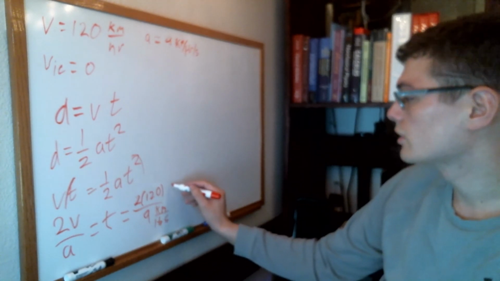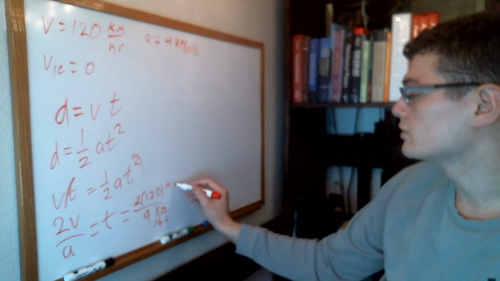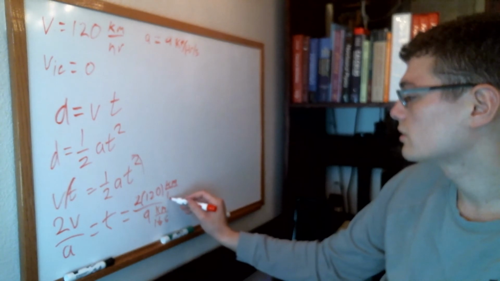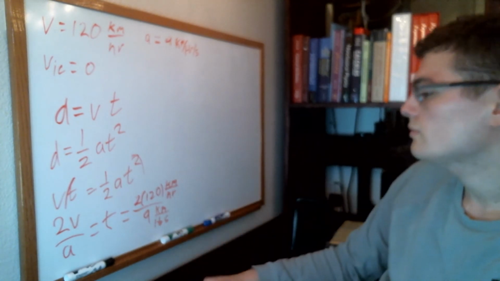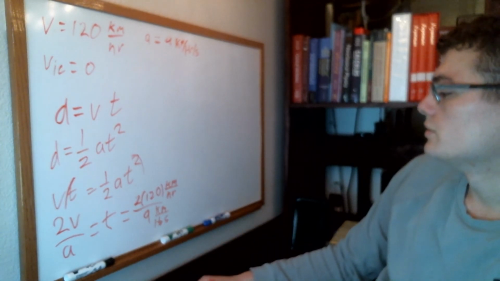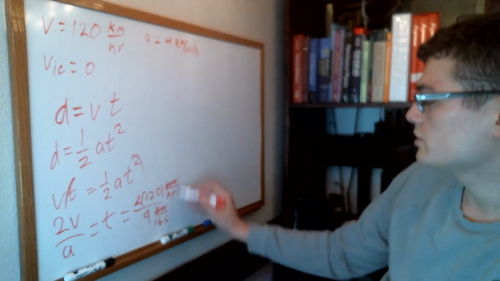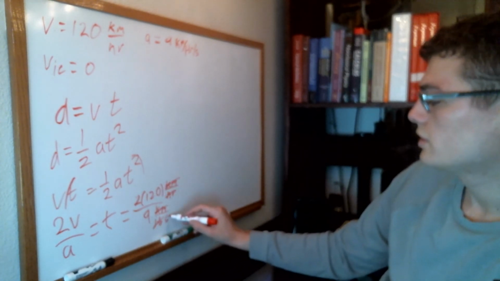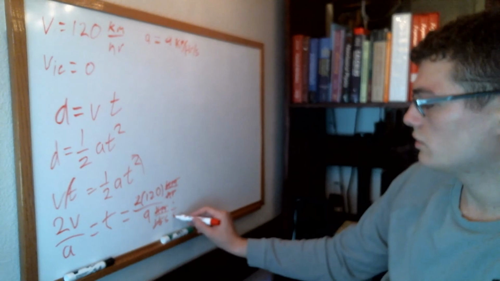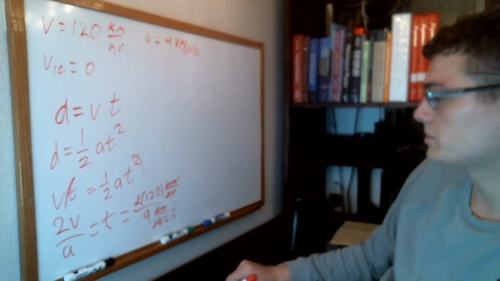And so we're going to have this guy at 120 kilometers per hour. So now kilometers cancel, hours cancel, seconds is 1 over s here, so that gets flipped up to the top.